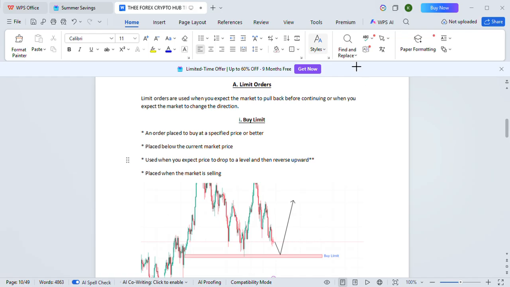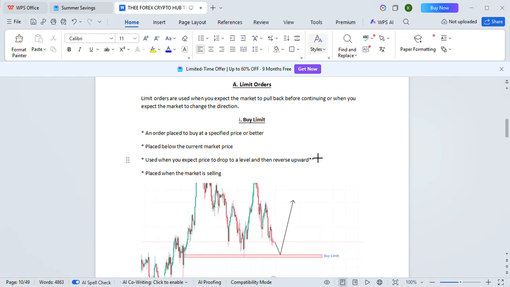Currently the market is buying, so we expect it to sell up to this level and then go up. So the order we are going to have here is what we are calling a buy limit. So we just place the order early enough, and then wait for the market to come to our point.